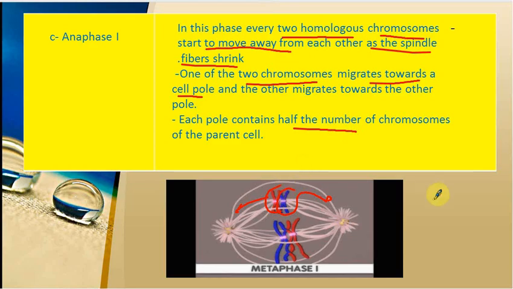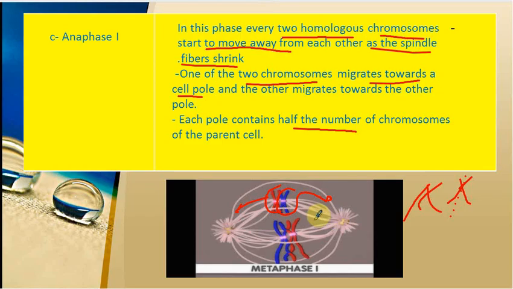Why? Because this is different than anaphase. In anaphase, the chromosome splits lengthwise from the centromere. But in anaphase 1, the whole chromosome moves to the right pole or the left pole, one of the poles of the cell.